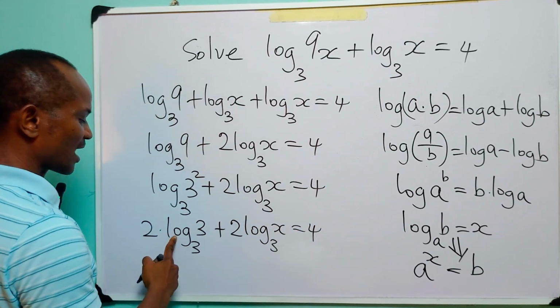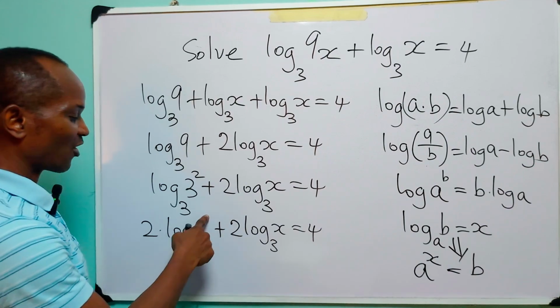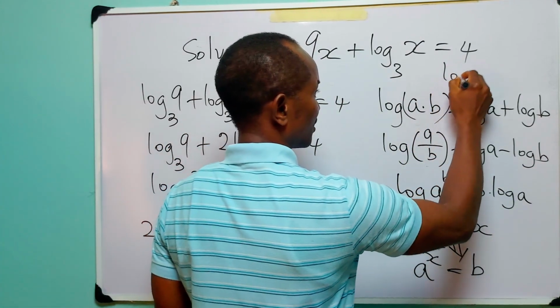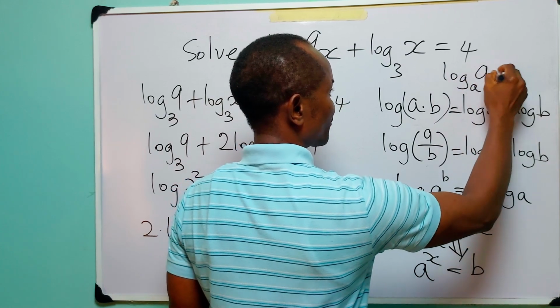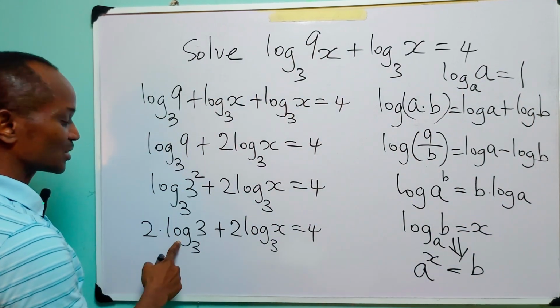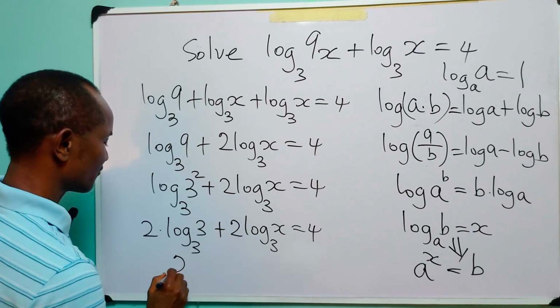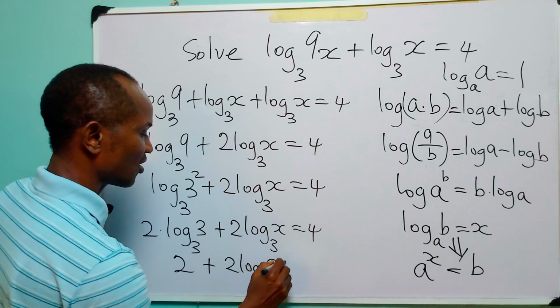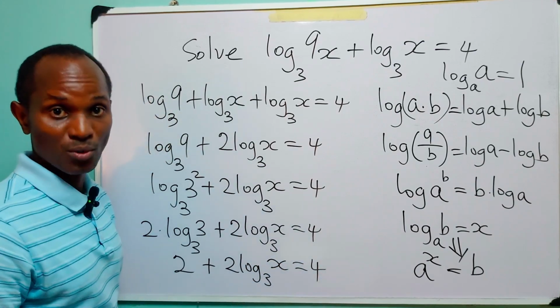Now look at this. We have log to base 3 of 3. And of course, I forgot to add it here: log to base A of A is equal to 1. So this is equal to 2 times 1. So here we have 2 plus 2 times log to base 3 of x is equal to 4.